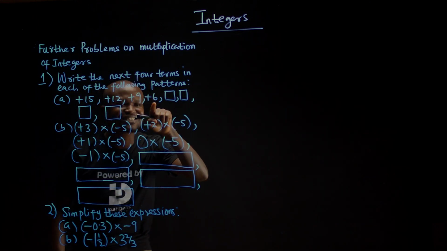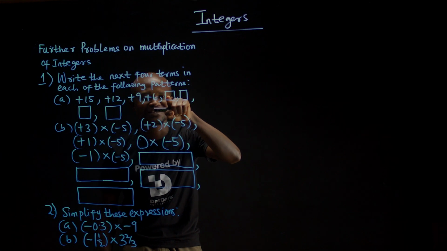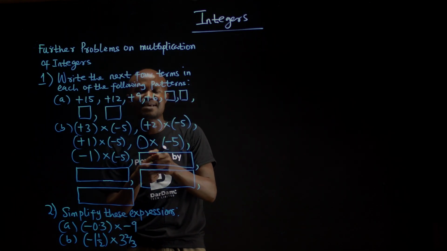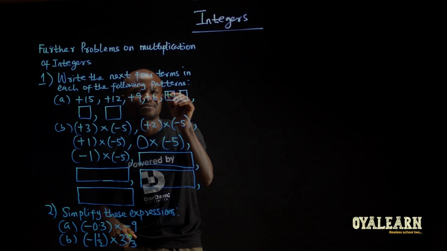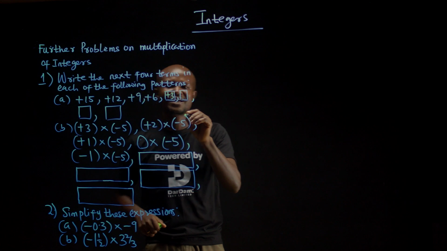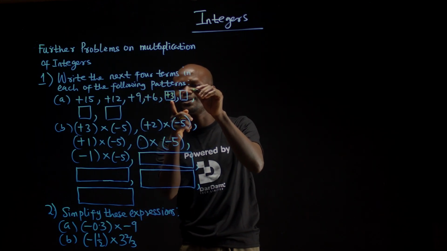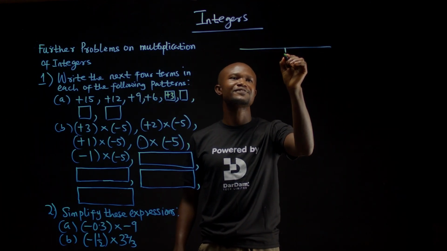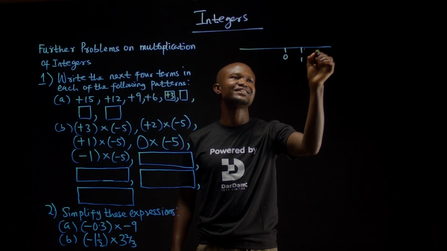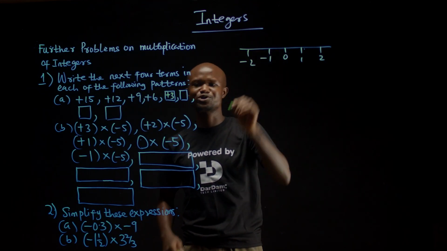Since this one represents 3 times 2, what will be the next number? That will be 3 times 1, and that will give us plus 3. Now, before 1 on the number line, what do we have? We have 0. Here this is 1, this is 2, this is minus 1, and this is minus 2.